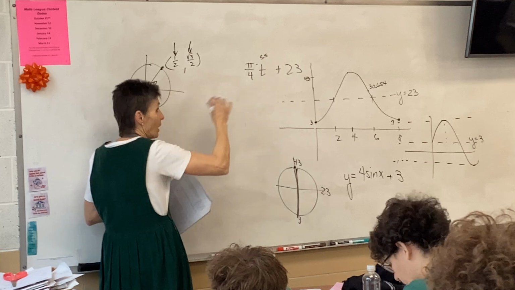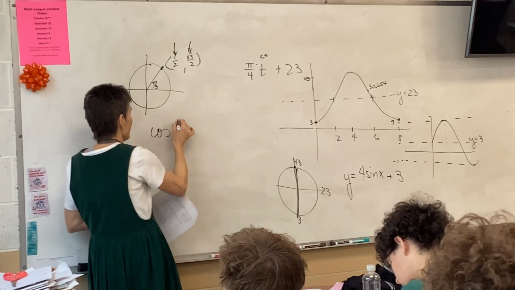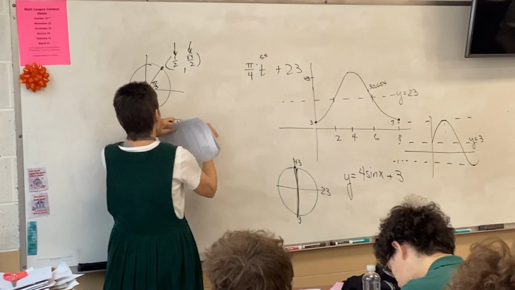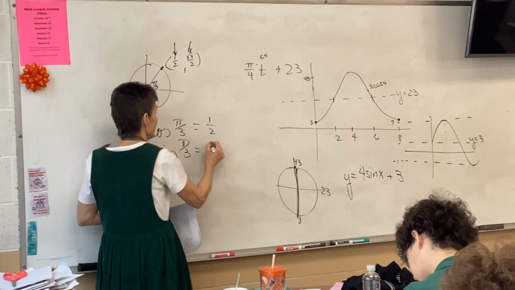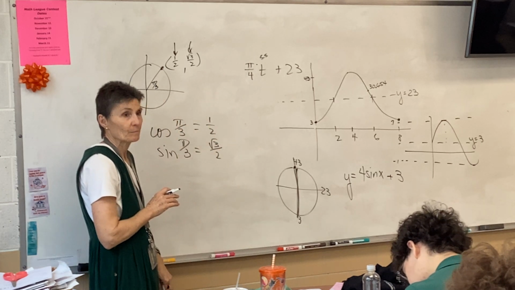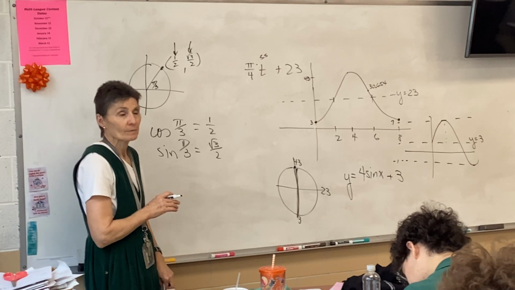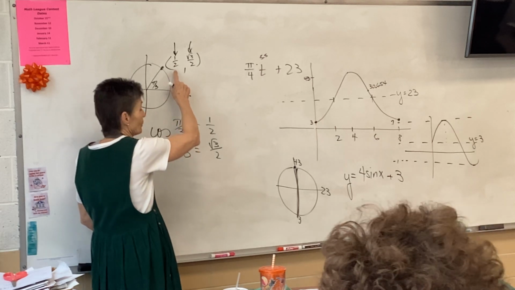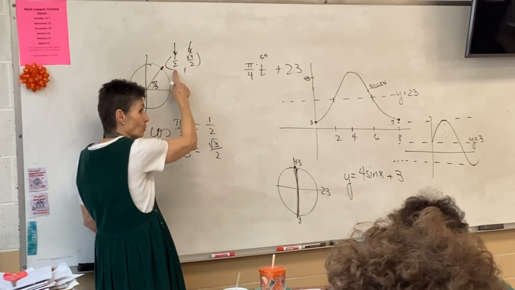So you know that the cosine of pi over 3 is 1/2, and the sine of pi over 3 is root 3 over 2, right? No question? Now, what happens when you put that in a bigger circle? Then cosine is no longer just the x coordinate.